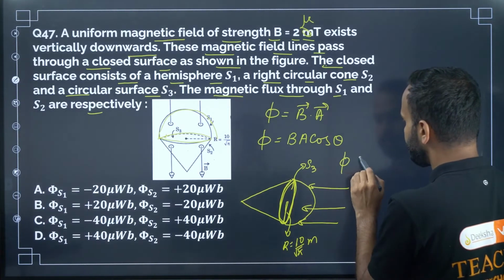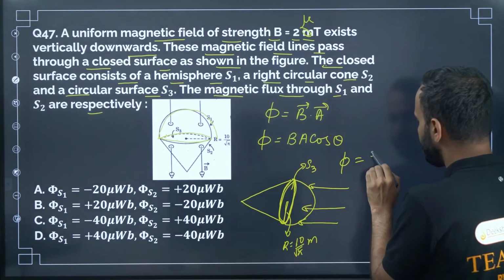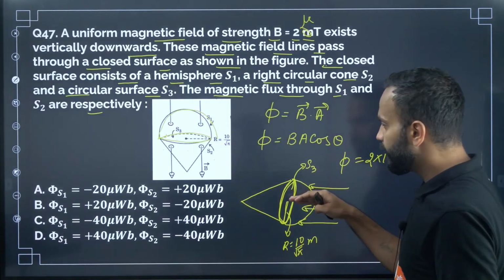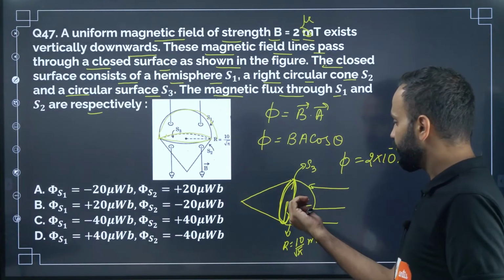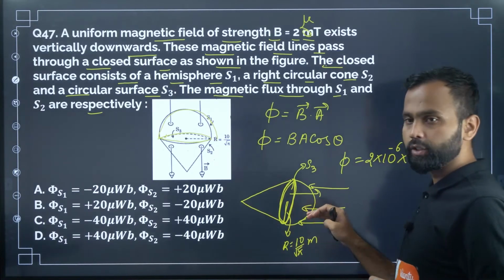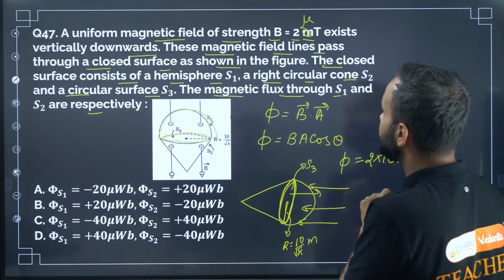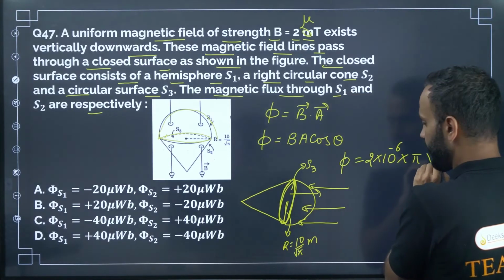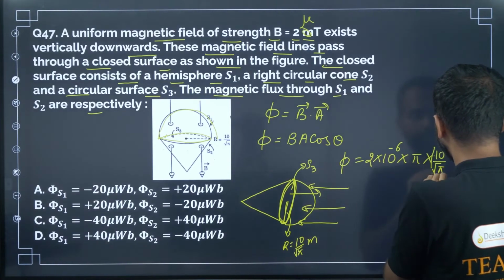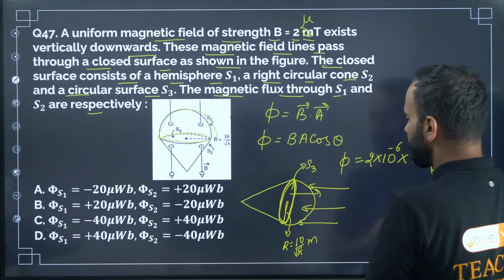So phi is equal to, what is the value of the magnetic field? 2 microtesla, so 2 into 10 to the power minus 6, and the magnetic field is coming in. But the area vector is opposite to the direction of the magnetic field. So the area is pi into 10 divided by root pi whole squared, into cos theta.